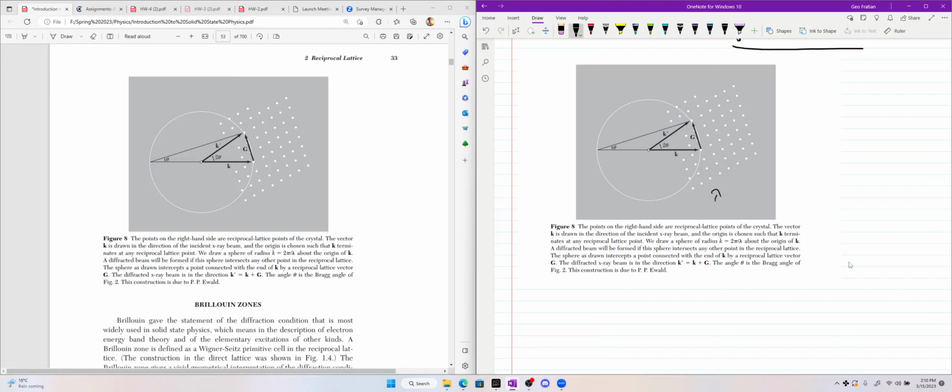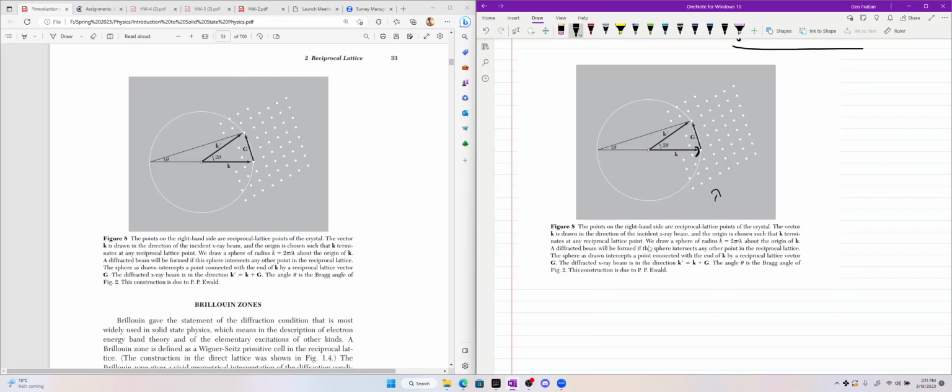So the vector k is drawn from the direction of the incident X-ray beam. So our X-ray beam goes like this, okay? And then we draw a sphere of radius k equals 2 pi over lambda about the origin of k. So we start here and draw our little circle right here. If I could draw that, you'd understand better, but it's the white circle.